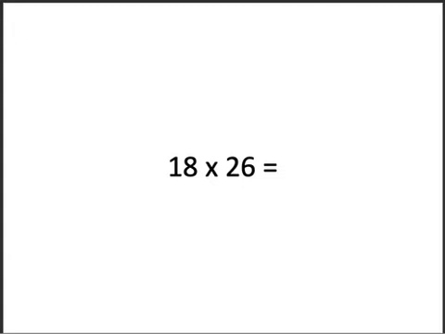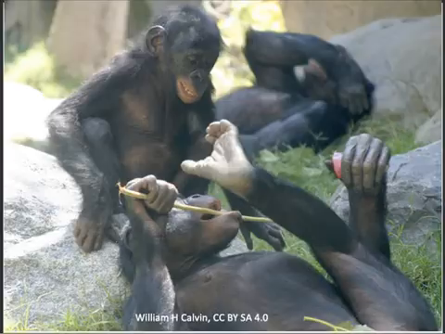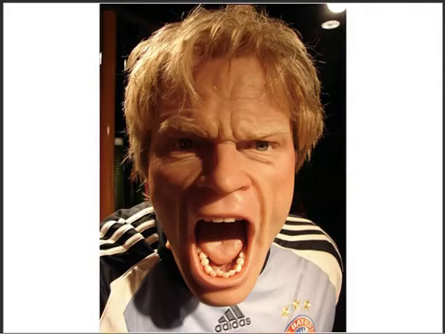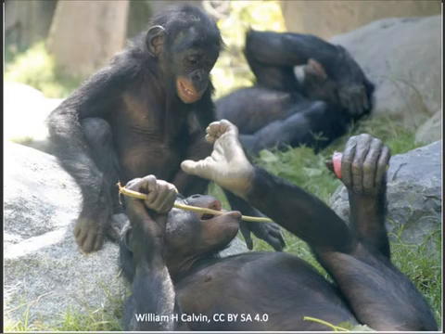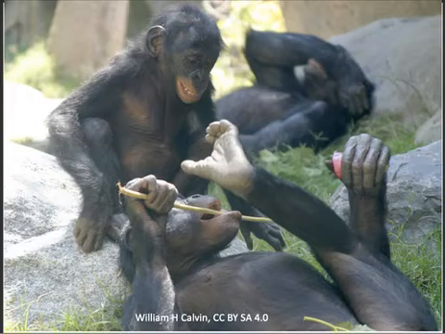So you could use pencil and paper, or you could think really hard and use certain techniques in your head, but the point is that finding the answer to this is not quick and immediate in the way that telling the emotions of people or apes is.